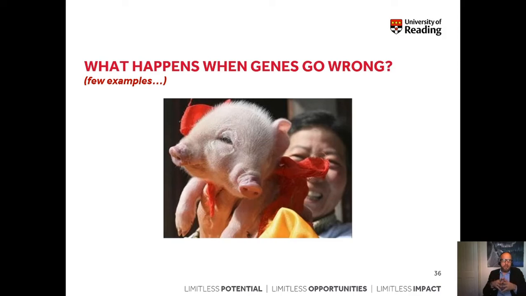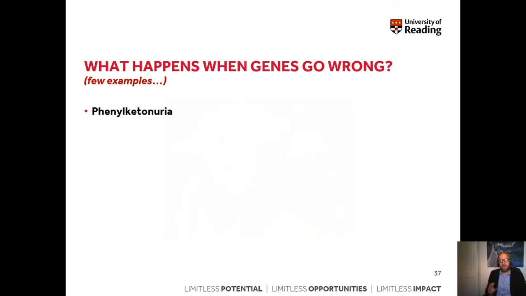But what happens when genes go wrong? Genetic mutations can have a lot of different consequences. A very classic example of a genetic disorder is PKU. Another disorder that is less common but still can be found within the general population is neurofibromatosis, and I will show you how it looks later on.